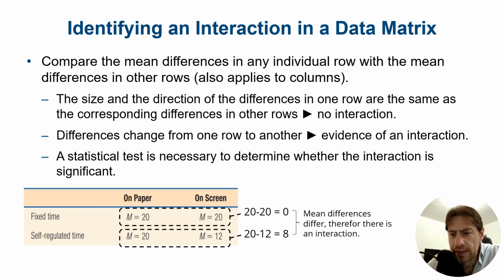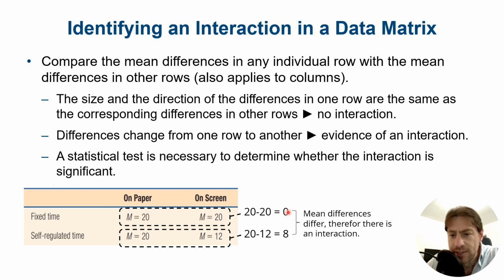So another way to spot the presence of an interaction using the data in your design matrix is to compare the mean differences in any row with the mean differences in any other row, or the same goes for columns. So for example, if we look at this row here of fixed time for paper and screen, you have values of 20 and 20.